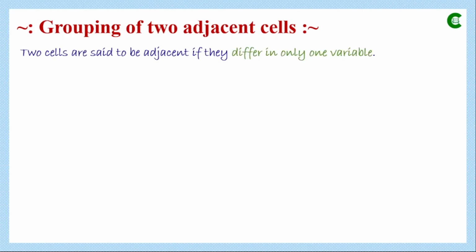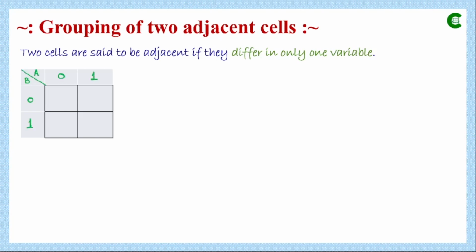Now the question comes: what are adjacent cells? 2 cells are said to be adjacent if they differ in only one variable. Now here we have a K-map for 2 variables because we have 4 cells here. These are the markings of the variables and their corresponding values, and these are the markings of the cells. 2 adjacent cells we can group.